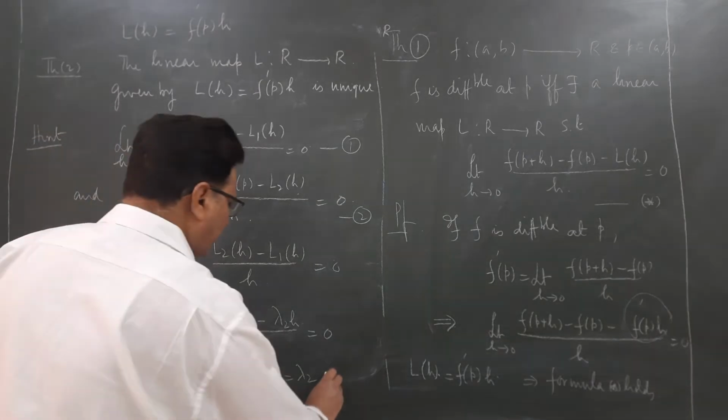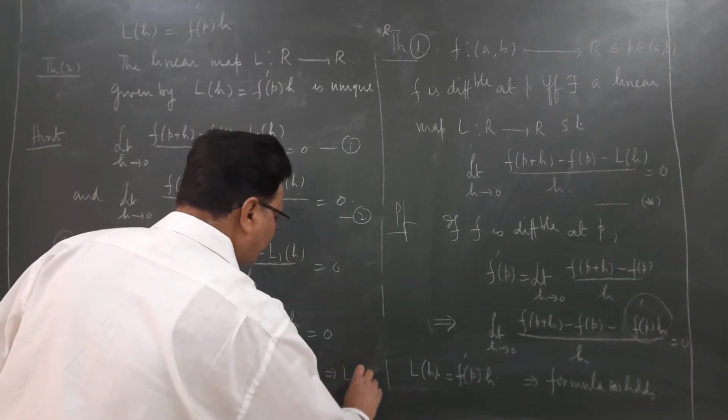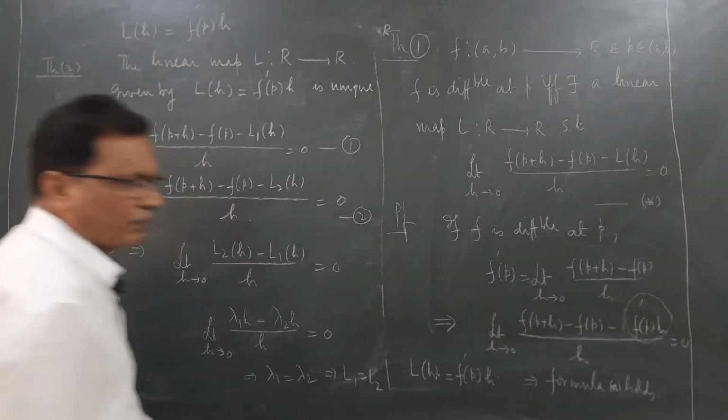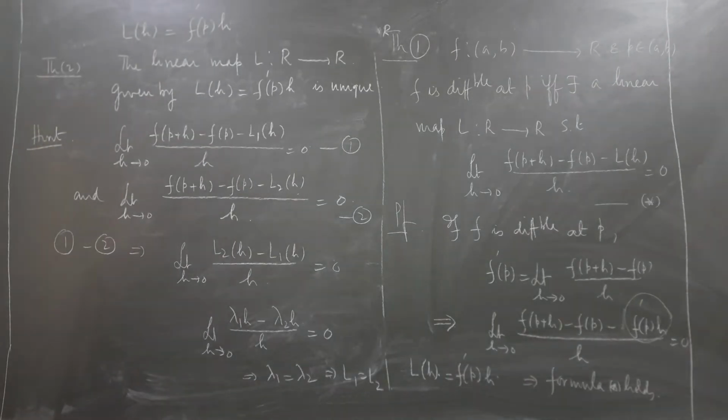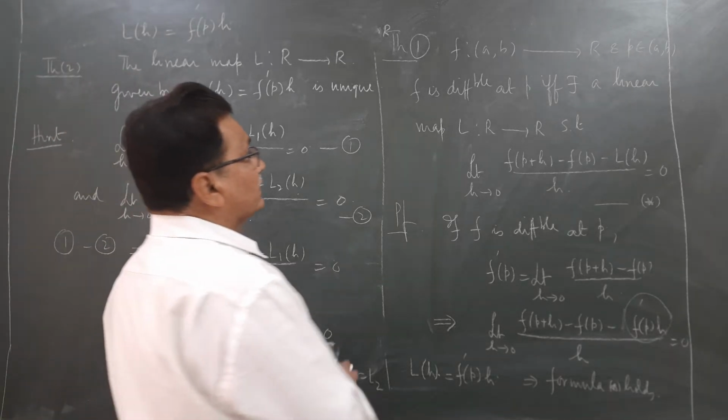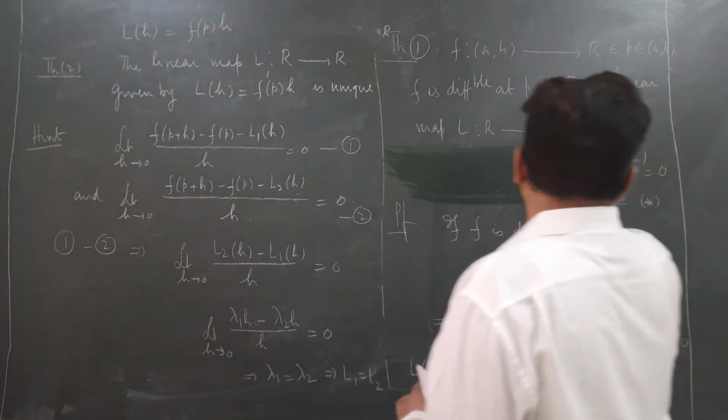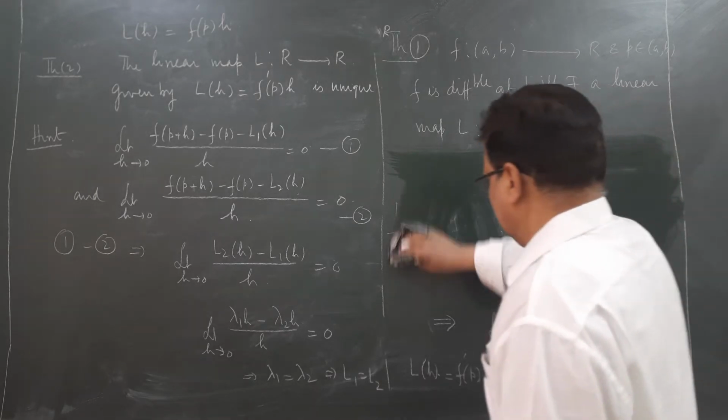And this implies that L1 equal to L2. That means this linear map is in fact a unique linear map, and once it is unique, I will call it by the name differential of f. So at this point we can refer to this linear map as the differential of f.